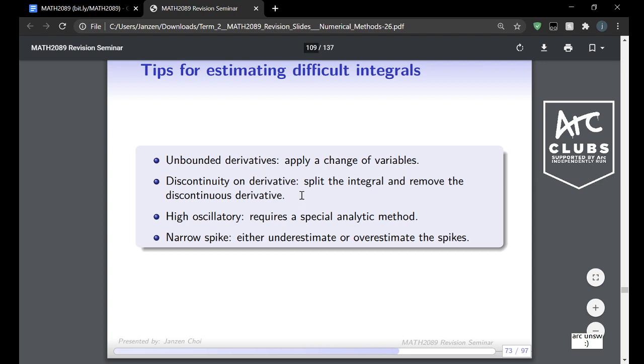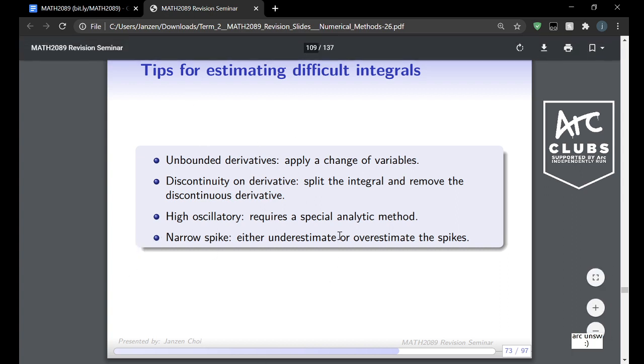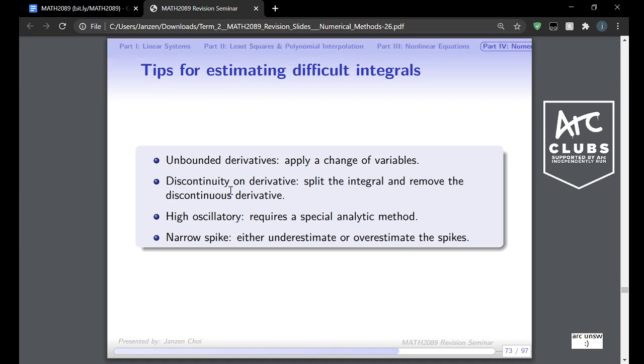For highly oscillatory functions, you just have to apply a special analytic method. There's no way around it, but they probably won't give you a question where the curve has high oscillations. It's the same thing for narrow spikes as well. Basically, the quadratures assume that these two situations don't happen.